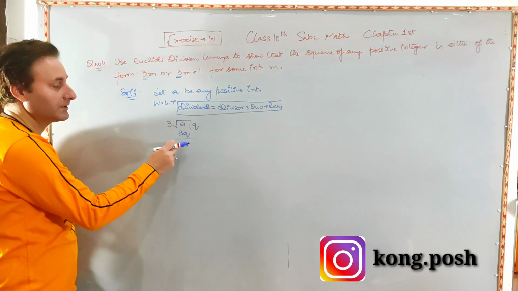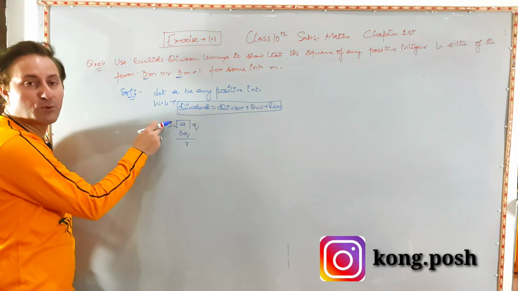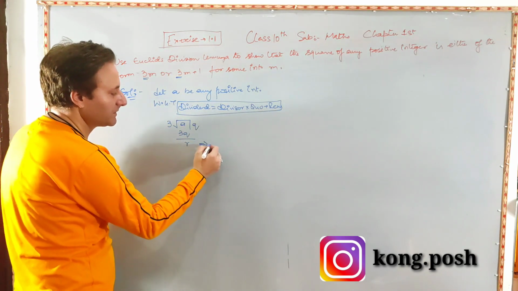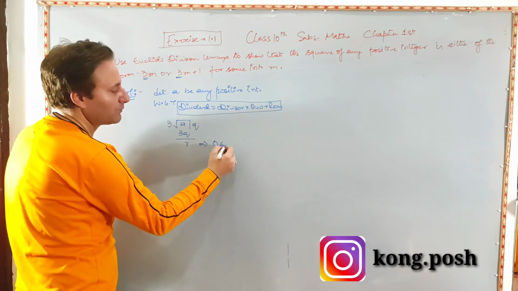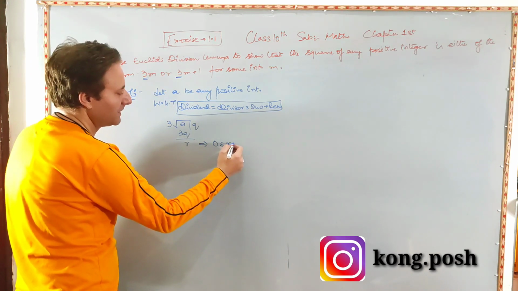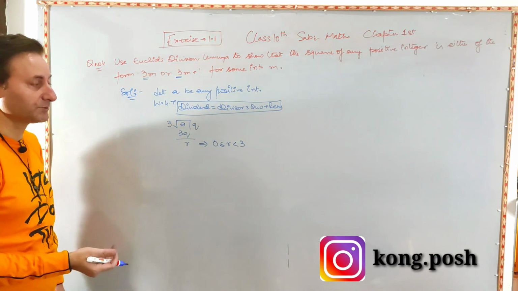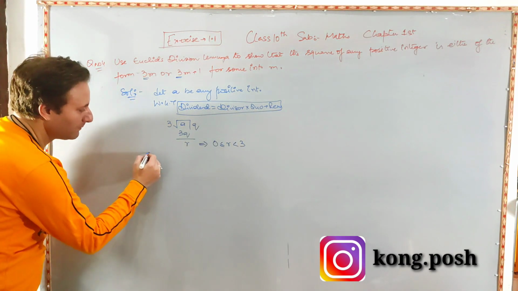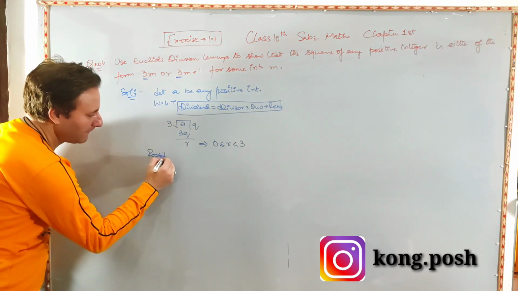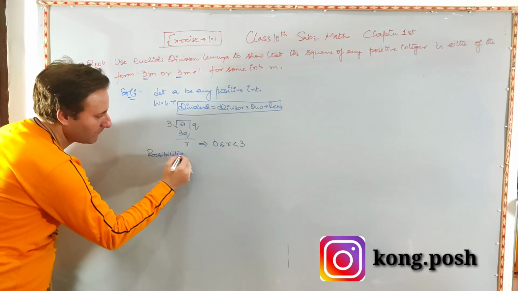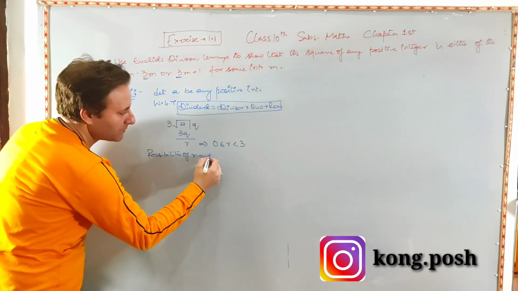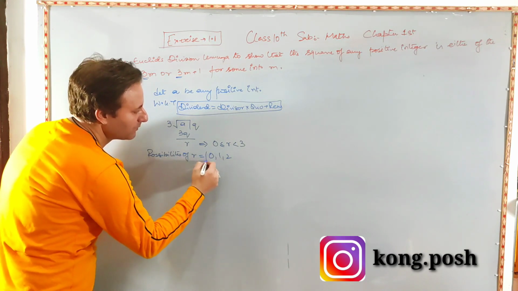And if you remember, this remainder cannot be more than this. So what are the possibilities? It can be either equal to 0, or 1 and 2 as well. So the possibilities of r can be 0, 1 and 2.